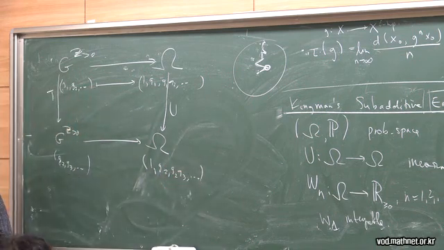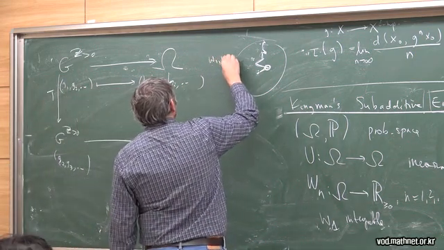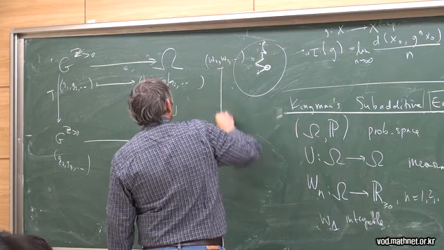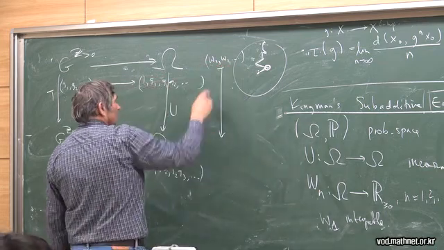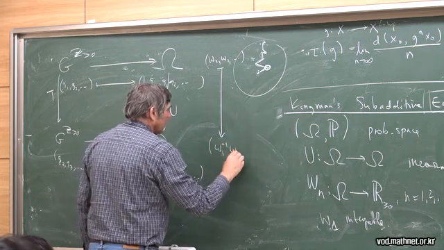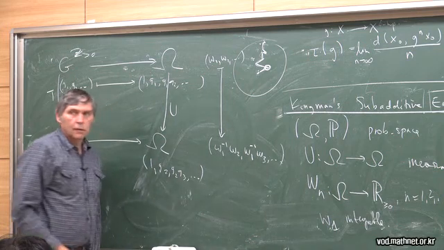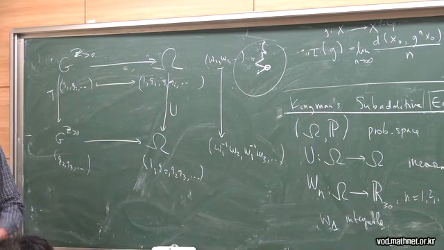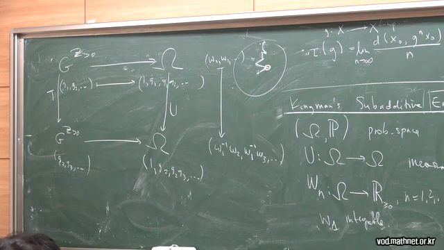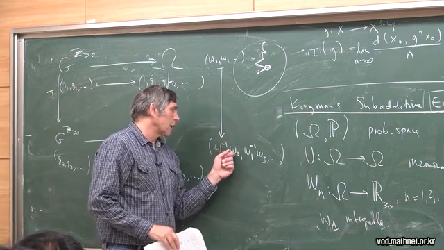And if you want it directly in terms of the omegas, it's omega 1, omega 2, and so on. This goes to, you're forgetting omega 1, but you're composing. So it's omega 1 inverse omega 2, omega 1 inverse omega 3, and so on. Okay, that's really what u is. You forget the first step. If you didn't have omega 1 inverse, you would just be looking at omega 2, omega 3.